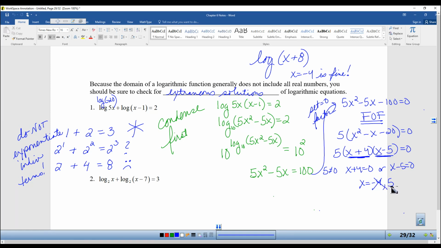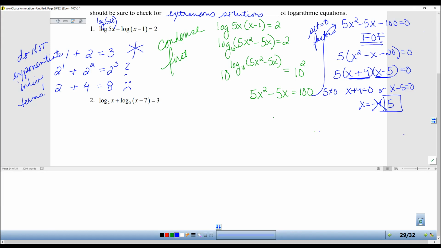And similarly, the 5 could have been a problem. If you had log of 3 minus x, then if x had been 5, you'd be taking the log of a negative number. So be really careful that you don't just look at the 2 answers and cross off the negative one. You just have to plug it in to make sure in the problem you're not taking the log of a negative number.